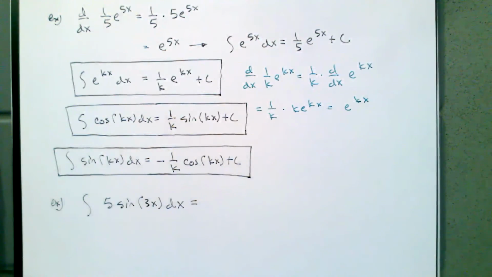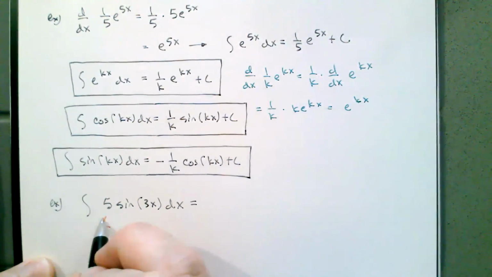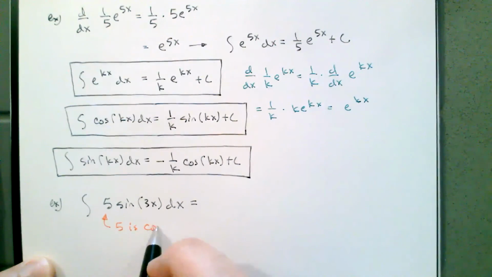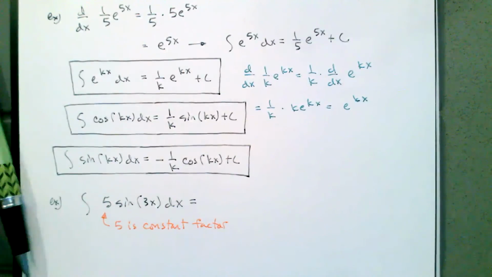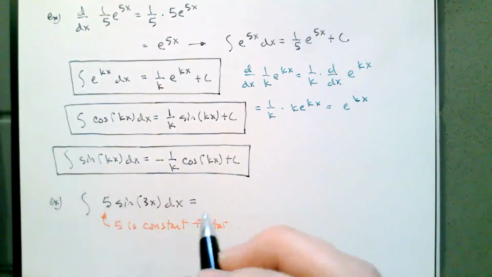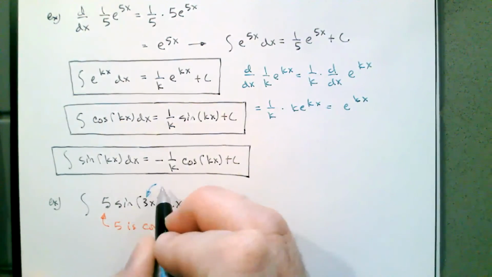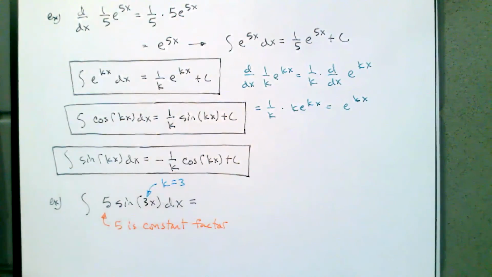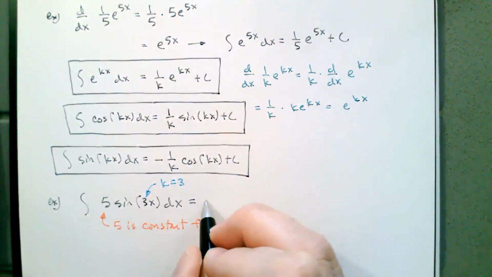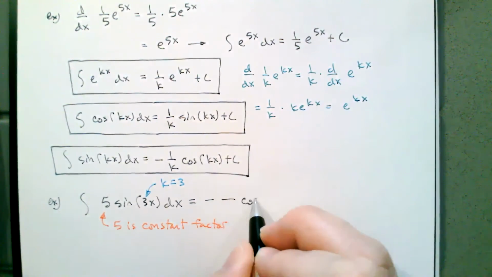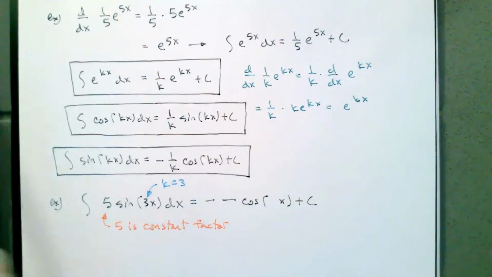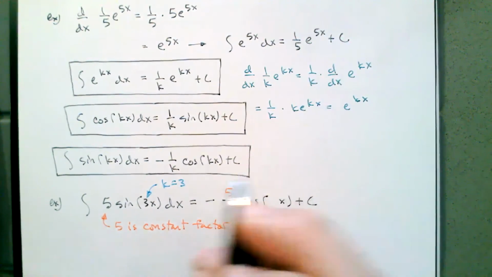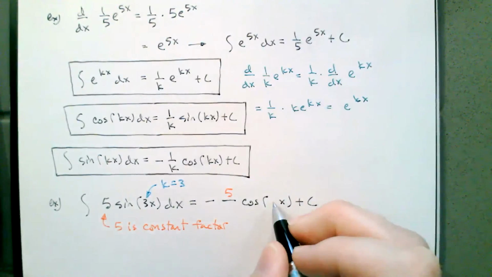So the integral of sine of kx is negative cosine of kx plus c. In this case, 5 is a constant factor. It just gets carried along. The k is equal to 3, so that's what we divide by.